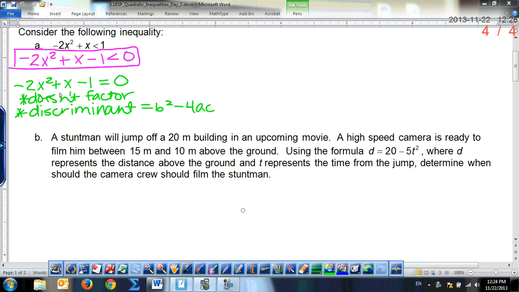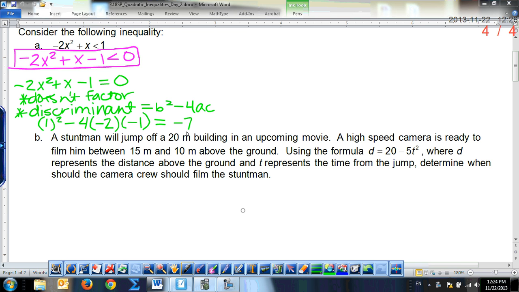All right, so let's see. B is 1. So b squared minus 4 times negative 2 times negative 1. What's that going to give me? Negative 7. Good.